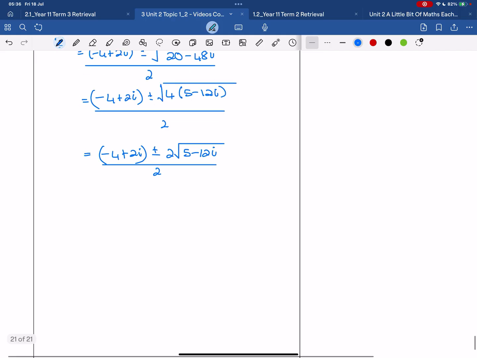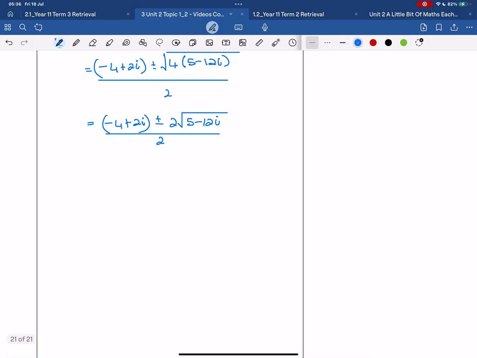And I notice I can factorize out a 2 from every single term. So 2 times (negative 2 plus i plus or minus root (5 minus 12i)) over 2. 2's can cancel, and this is what I'm left with so far.